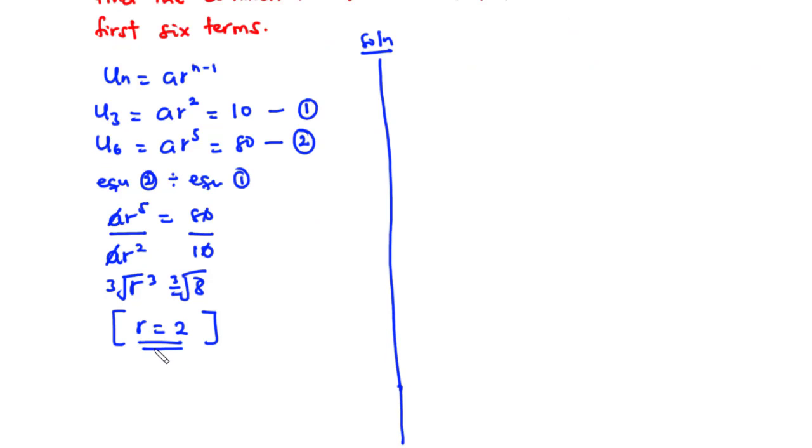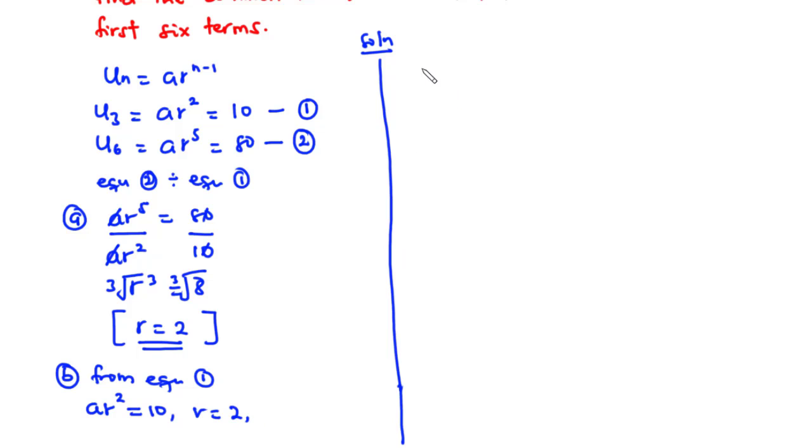So let's find a. From equation 1, we have a times r exponent 2 equals 10, and r is 2.